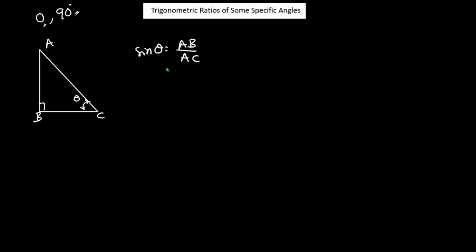Now, what happens if you want to find the values at 0 and 90 degrees? Let's think that this theta is going to be 0. How will it go to 0 here? This point A keeps coming down, right? Then this theta keeps decreasing, and this other angle keeps increasing. Let's draw another line here like this.